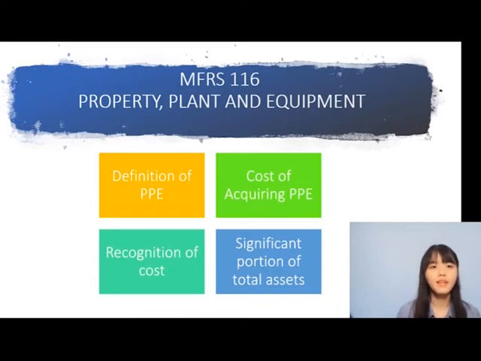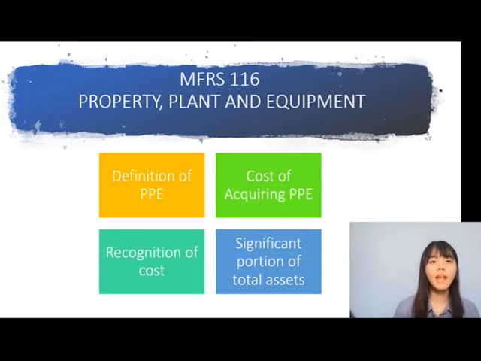In acquiring any assets, there are some costs incurred. According to MFRS 116, the cost of acquiring PPE shall include the purchase price, any costs directly attributable to bringing the asset to the location and condition necessary for it to be capable of operating, and the initial estimate of the cost of dismantling and removing the asset and restoring the site on which it is located.